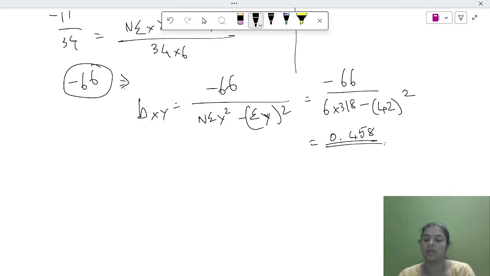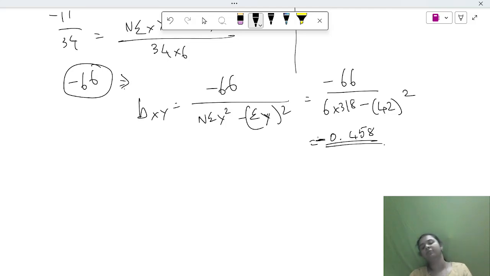Minus, I guess, sorry, minus 0.458, which is 11 by 24.